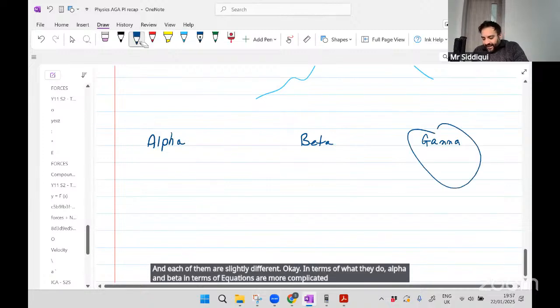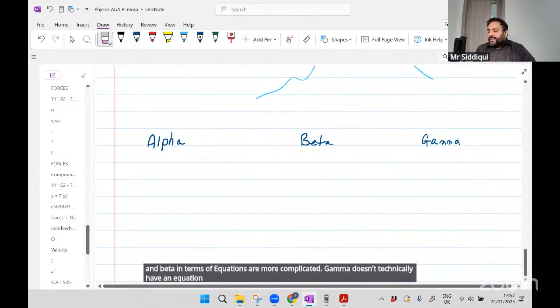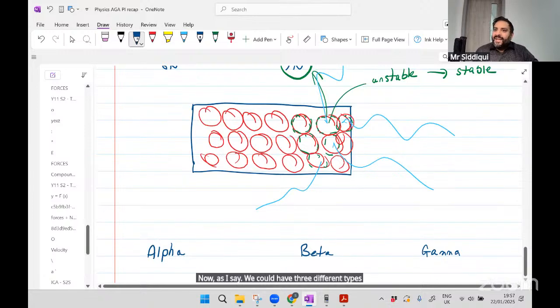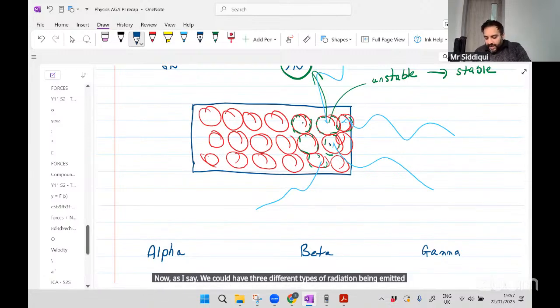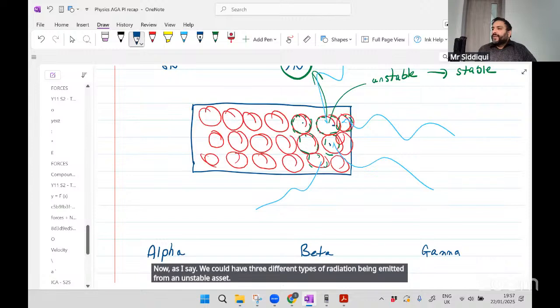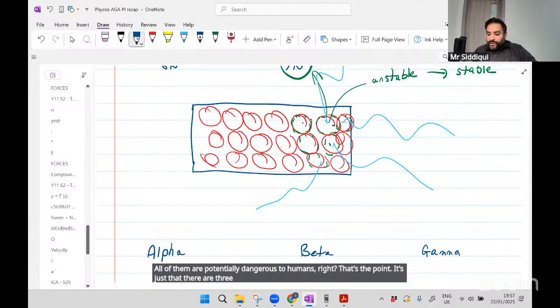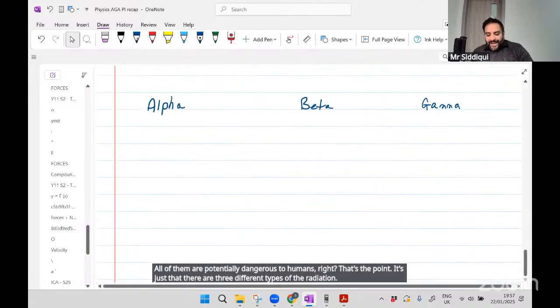Gamma doesn't technically have an equation, so that actually makes it easier. All of them are potentially dangerous to humans. It's just that there are 3 different types of the radiation. Let's talk about each one.